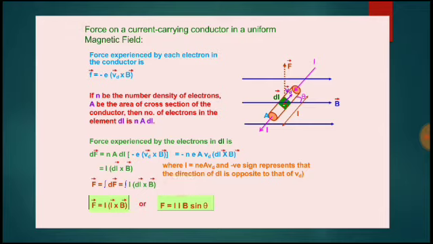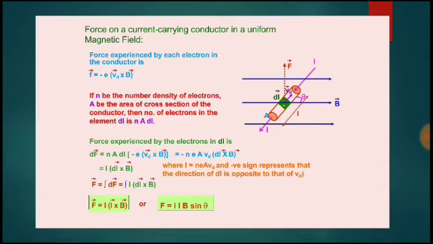Because which component? The vertical component. See this? The magnetic Lorentz force is in a perpendicular direction, that's why the vertical component, I am taking sin 90. Do you understand? This is the force on a current carrying conductor in a uniform magnetic field. So what is the force formula? F is equal to ILB sin theta. ILB sin theta. Okay.